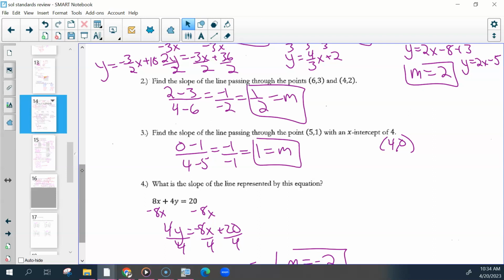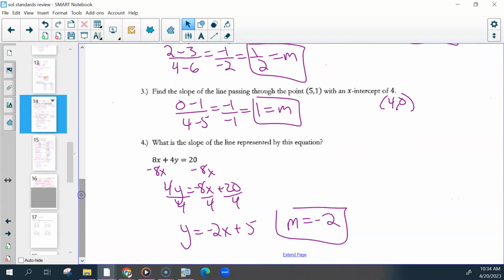And you could use those 2 points, and you would get 1 for your slope. And then for number 4, this is kind of like the first couple where you have to solve. If you got rid of x by subtracting and divided, you would get a slope of -2. Questions on any of those?